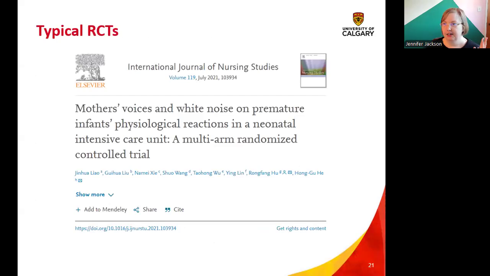So typical RCT, we're looking at mothers' voices and white noise on premature infants. So in this case, you'll have moms and babies in NICU, and you might have one group where you say, okay, mom, we want you to read this story close to the incubator every 2 hours so that babies hear your voice frequently.